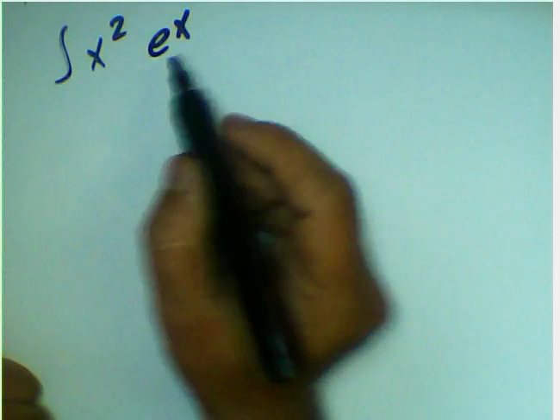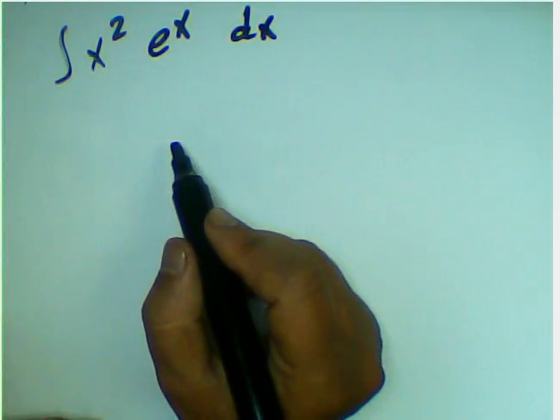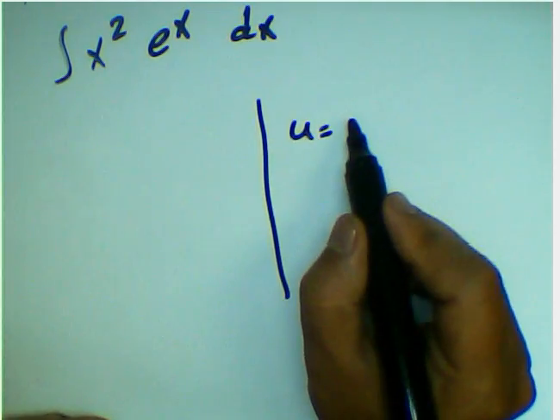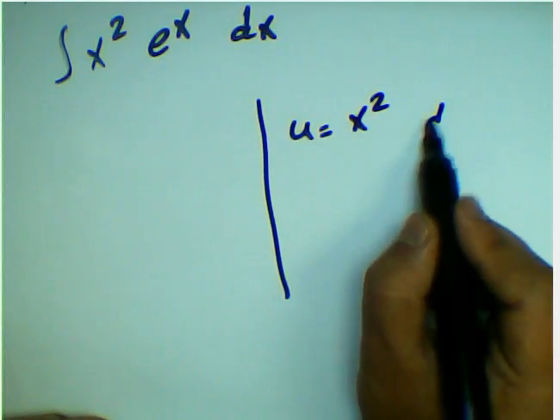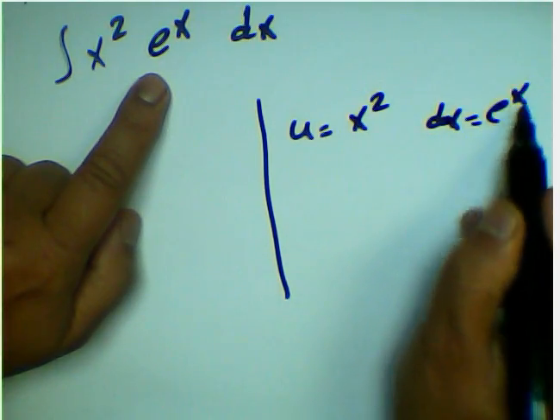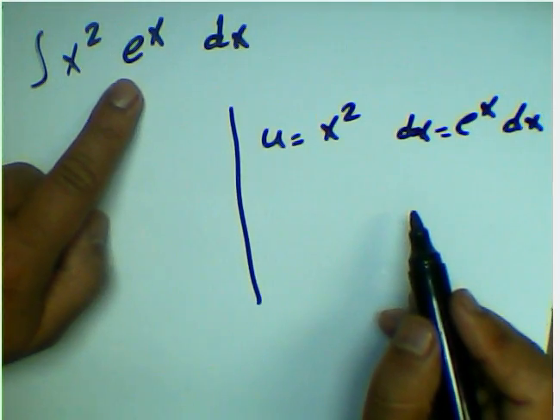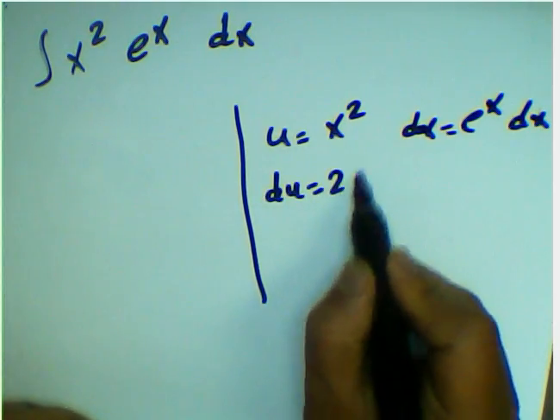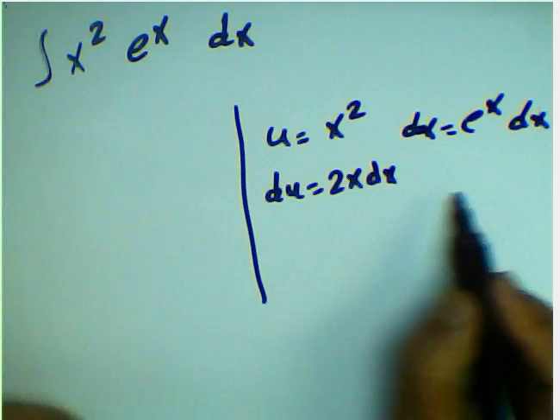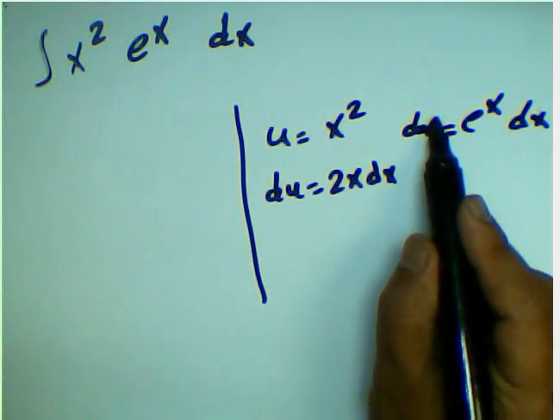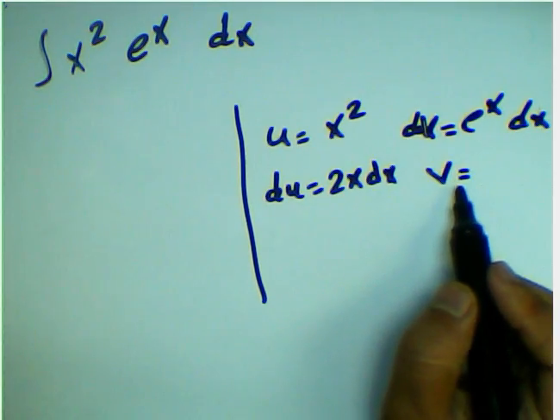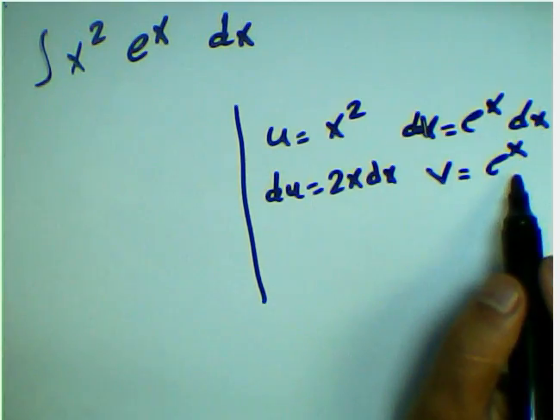Integration of x power 2 e power x dx. We must choose u equal to x power 2 and dv equal to e power x dx. The derivative of u is 2x dx, and the integration of dv gives v equals e power x.